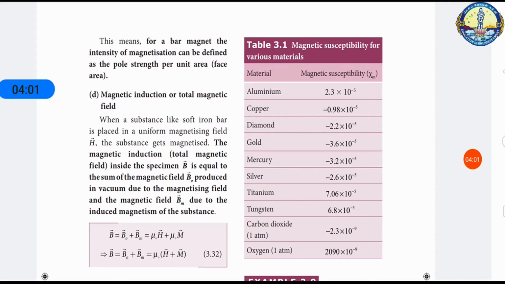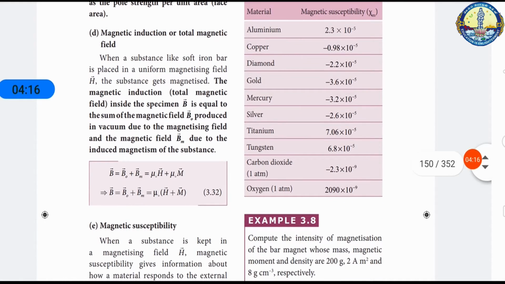B is equal to B naught plus Bm. We know B naught is equal to mu naught H, where mu naught is the permeability of free space. Now we can write B is equal to mu naught into H plus M.